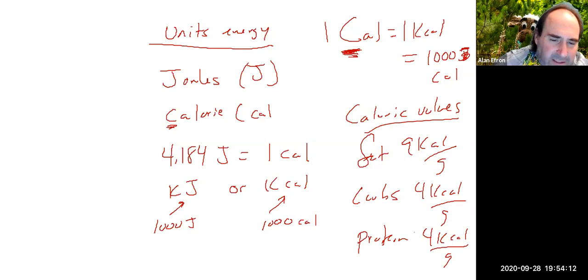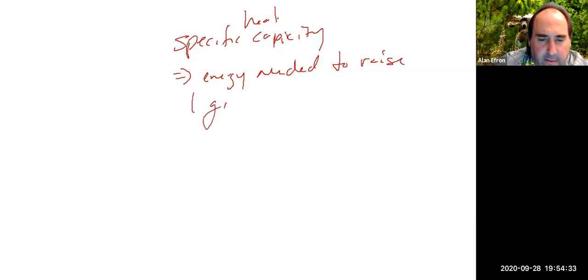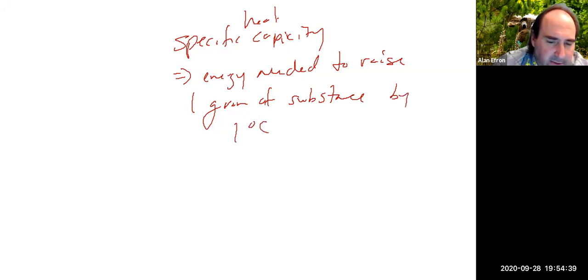We did also talk about specific heat capacity, and I won't worry too much about that. That's basically the energy needed to raise 1 gram of a substance by 1 degree Celsius. And those are the guys that have the units of joules per gram per degree Celsius.